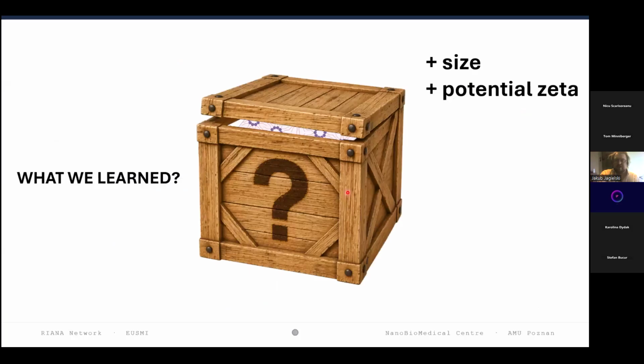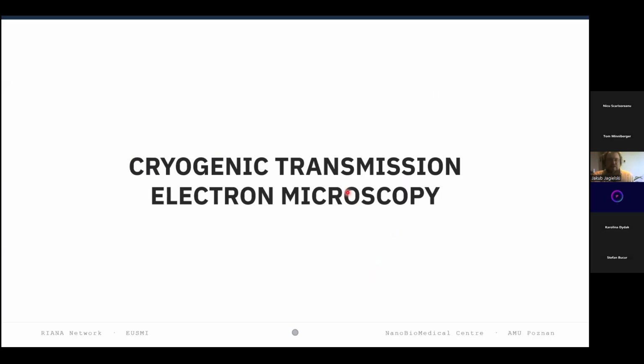So after applying DLS and electrophoretic light scattering, we have determined the hydrodynamic size distribution and the surface charge of our nanoparticles. However, these techniques provide no information about particle morphology or internal crystallographic structure. To access those properties, we require a fundamentally different experimental approach, and now we can move to cryogenic transmission electron microscopy.